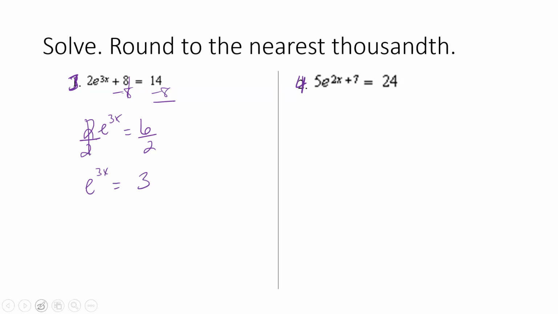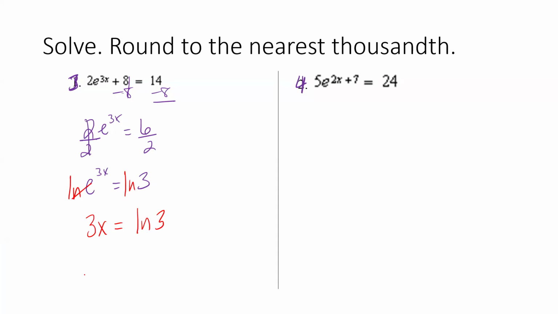Okay, now that our e is by itself, we can now take the natural log. What I do to one side, I'm going to do to the other. Inverse operation at work. e's gone, power's free. So we get 3x equals the natural log of 3.